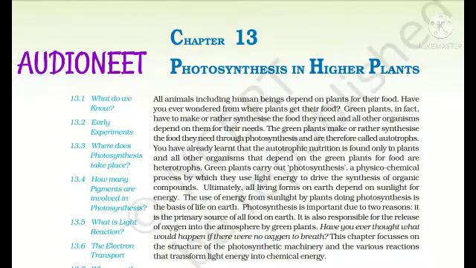Scientists also tried to know whether all plants have PGA as the first product of CO2 fixation, or whether any other product was formed in other plants. Experiments conducted over a wide range of plants led to the discovery of another group of plants, where the first stable product of CO2 fixation was again an organic compound, but one which had 4 carbon atoms in it. This acid was identified to be oxaloacetic acid, or OAA.